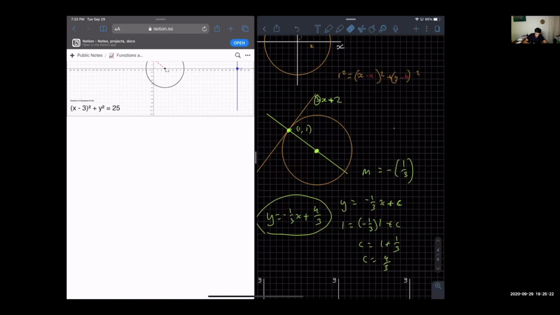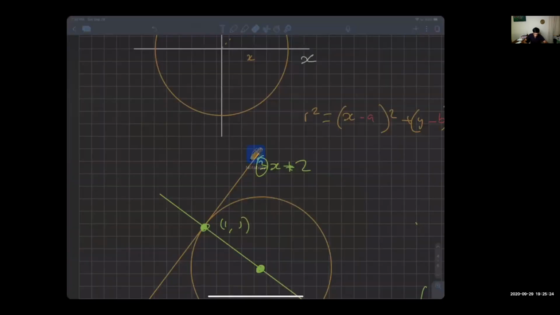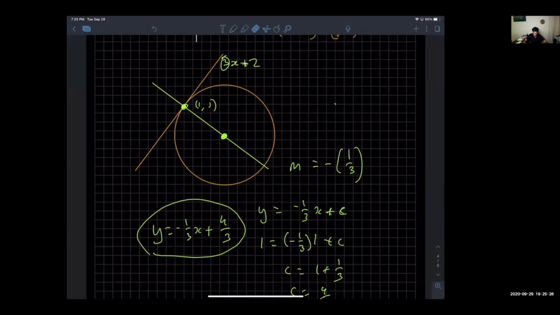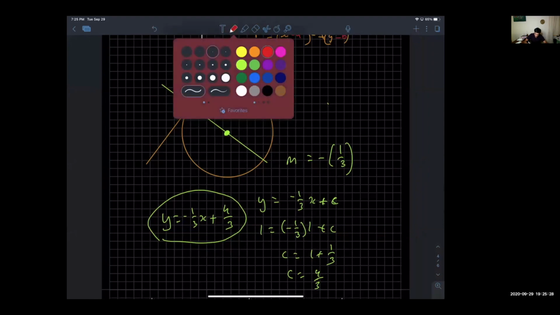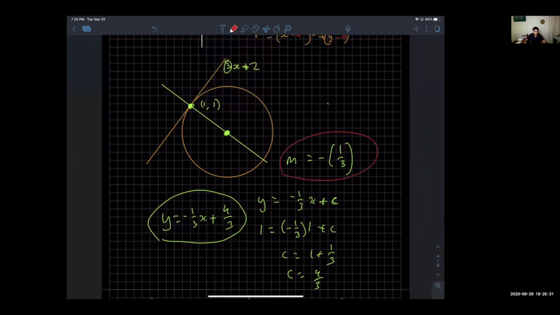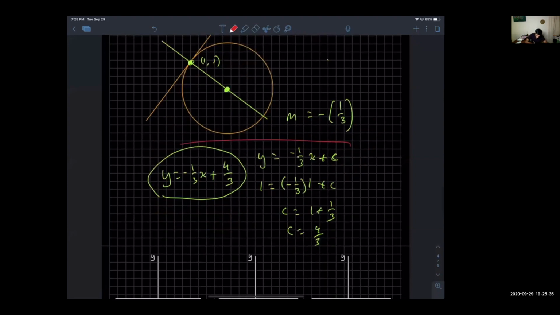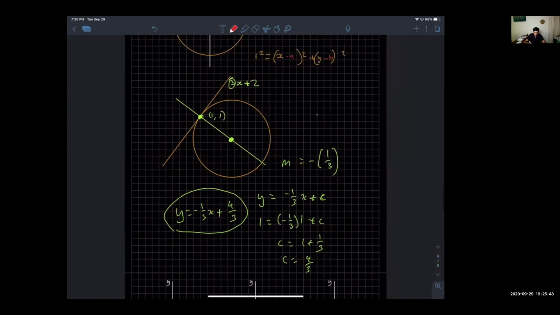If in any of this, the negative reciprocal was the issue, then write that down and practice this. If this piece of solving for the equation was the issue, then write that down and practice that portion. This does not mean that you are not good at coordinate geometry as a whole, or not good at circles and tangents.